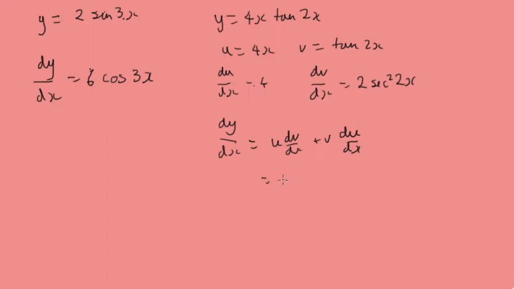So u was 4x, and now times that by 2 sec squared 2x plus v, which was tan 2x, multiplied by du by dx, which was just 4. So that will be 8x sec squared 2x plus 4 tan 2x.